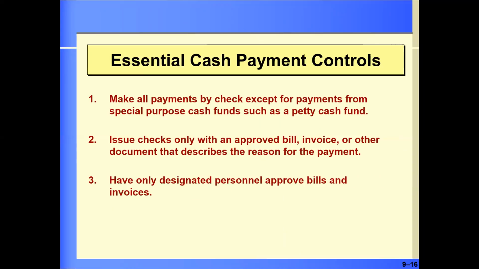Have only the designated personnel approve the bills and invoices. In the law firm, who was that person? Was it the managing partner, probably? I'm sorry, you were breaking up. What did you ask? In the law firm, who was the designated person approving the bills and invoices?